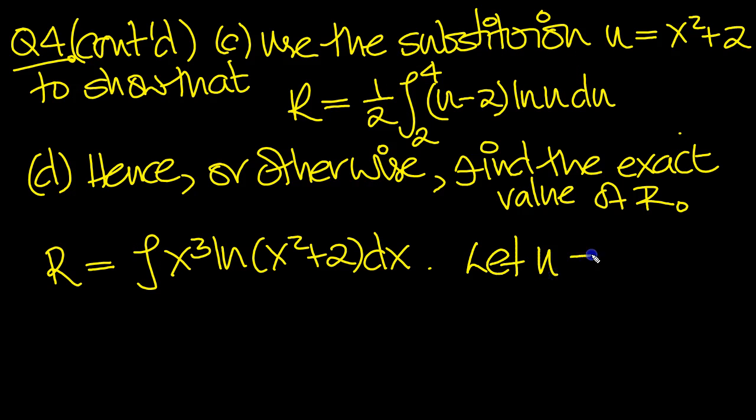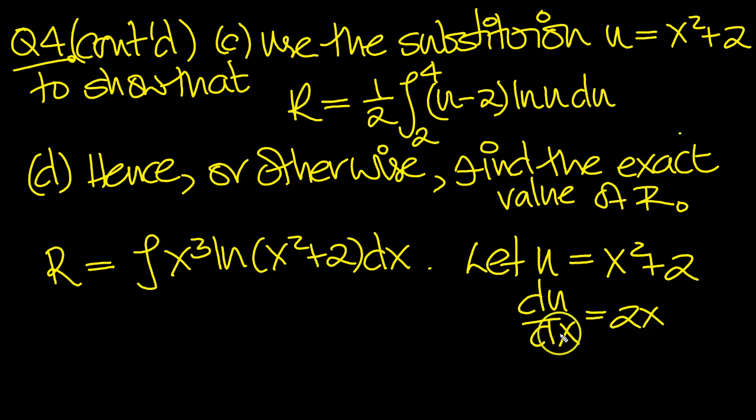So let u be equal to x squared plus 2. Then du dx is going to equal 2x, isn't it, when you differentiate? So we can use the substitution now. R is equal to the integral, it was a definite integral between 0 and root 2. Here we've got ln of x squared plus 2, which is ln of u.